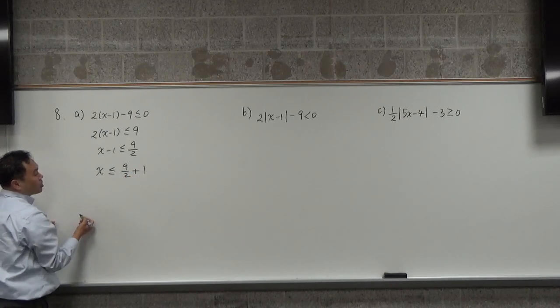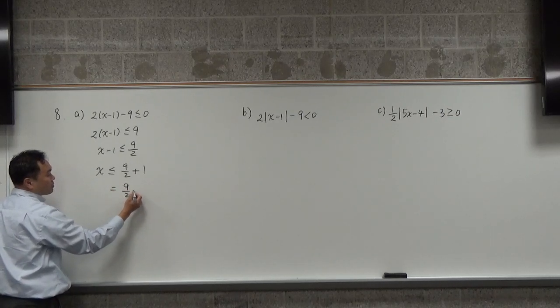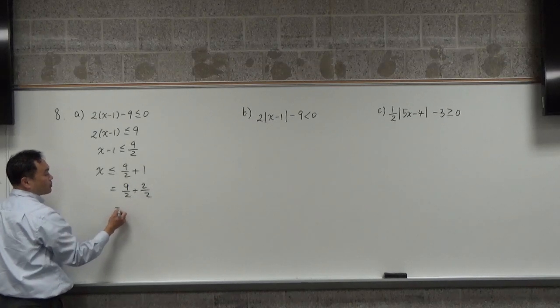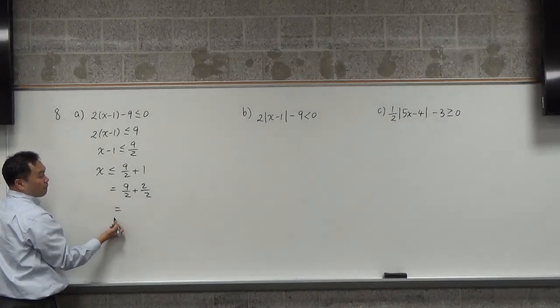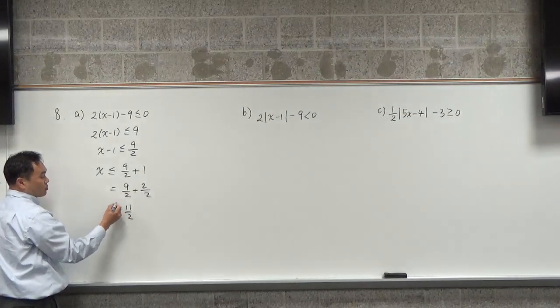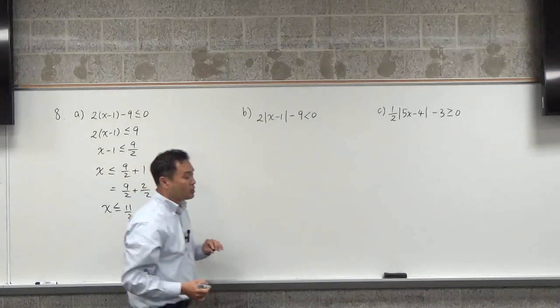But then 1 is 2 over 2, so you can rewrite the right side as 9 over 2 plus 2 over 2. What's that? 9 plus 2, that's 11 over 2, right? So you end up with the solution x less than or equal to 11 over 2.